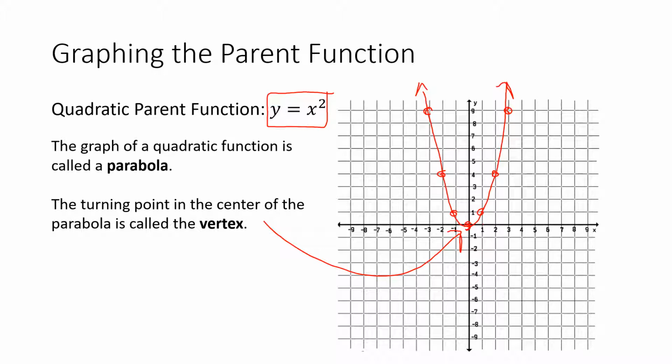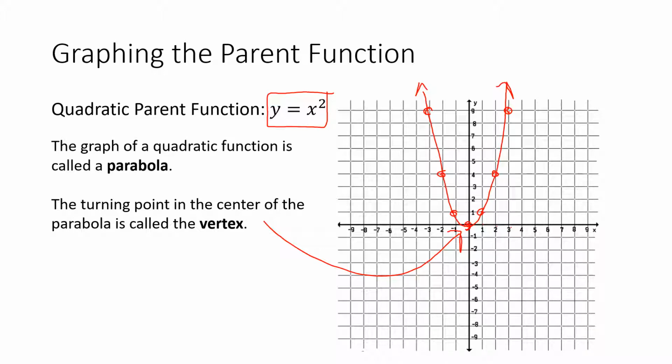From the vertex, you go over 1, up 1, because 1 squared is 1. And then you go over 2, up 4, because 2 squared is 4. Then you go over 3, up 9, because 3 squared is 9. If we had a much larger graph, we would go over 4, up 16, because 4 squared is 16.